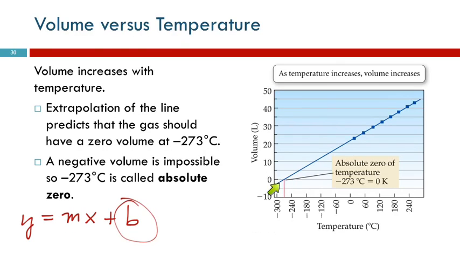So we would like this graph to have a 0 intercept, and the way we achieve that is by changing the temperature scale. This is where the Kelvin scale came from, this concept of absolute 0, minus 273 Celsius being the coldest possible temperature. It's actually 273.15, but we'll leave that alone.